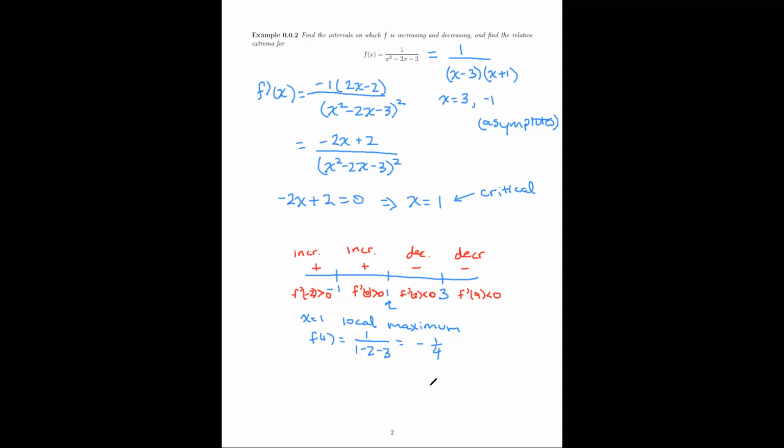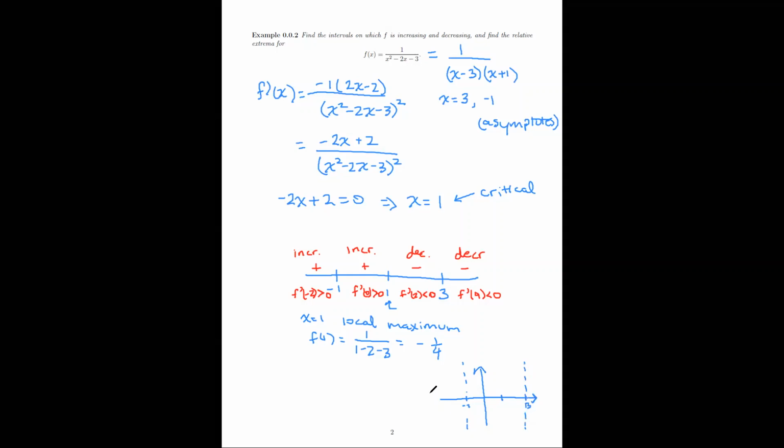So if we wanted to sketch out what this looked like, we actually can with the information at hand. We're going to get a little bit more specific into this in the next couple of videos, but with what we have so far, we know that minus 1 is going to be an asymptote, 1 is going to be our maximum, and 3 is going to be another asymptote.